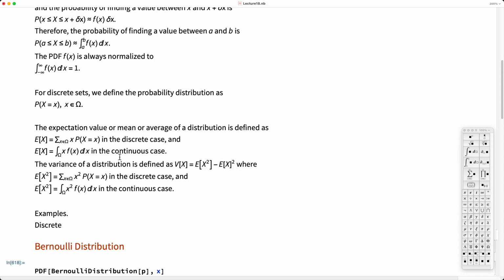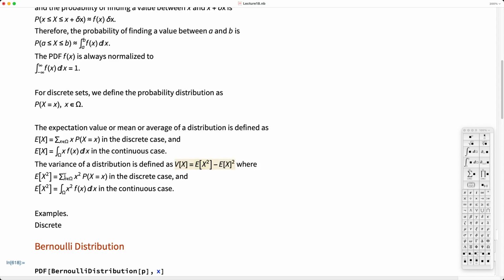The variance of a distribution is defined as the expectation value of x squared minus the expectation value of x, all squared, where E of x is defined using these two formulas we used before.